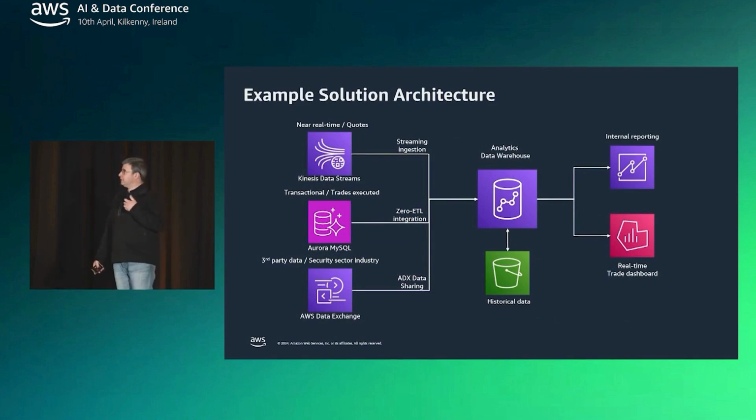All right, so this is an example of what we see our customers doing with this solution. Let's imagine that we are a company that has multiple streams of data, let's say data that is structured and data that is non-structured. And we have a lot of data that is streaming into Aurora MySQL, and we have a lot of data streaming from Kinesis data streams.